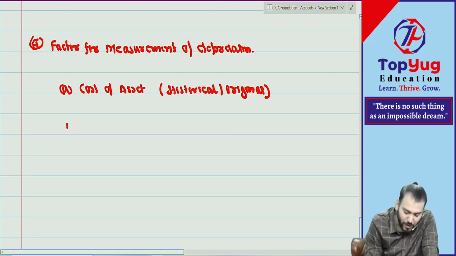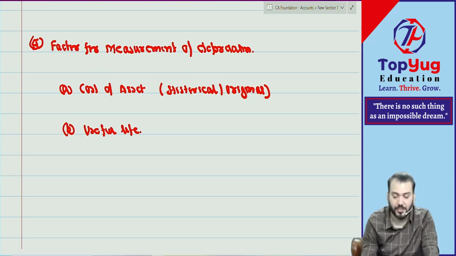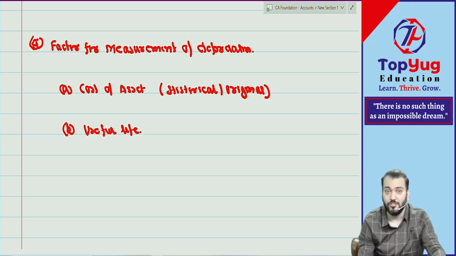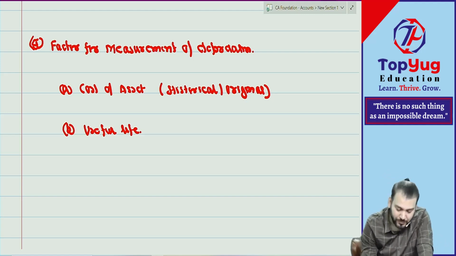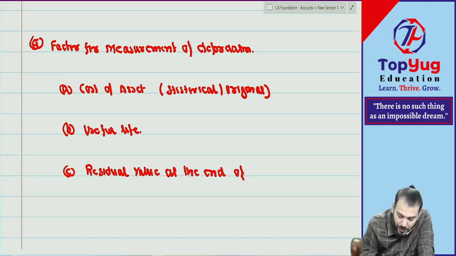Second factor is useful life of an asset. To calculate depreciation, we should know the life of the asset. Correct. Then the third factor will be residual value at the end of useful life.